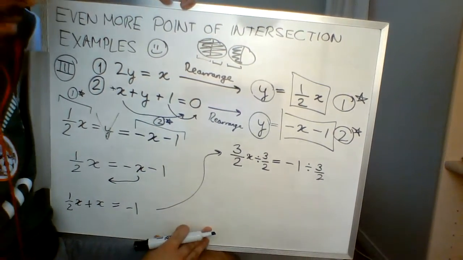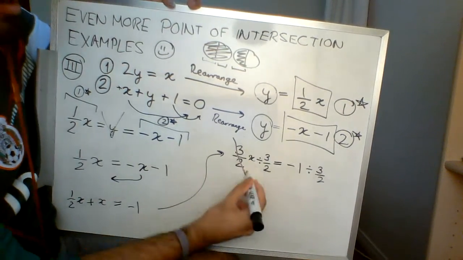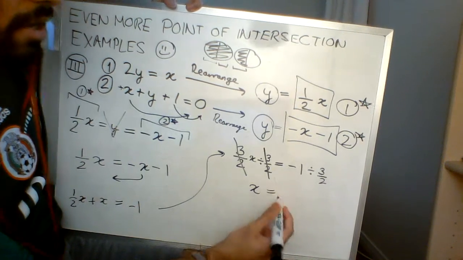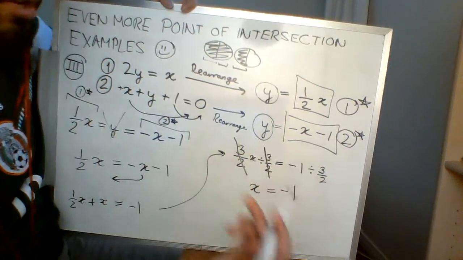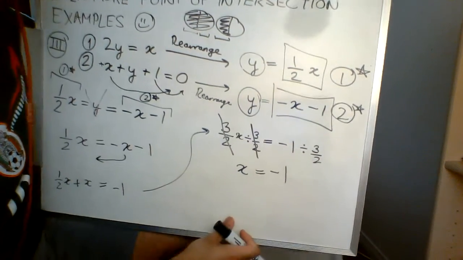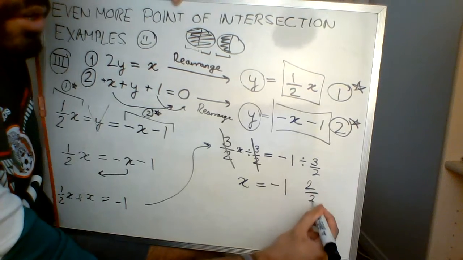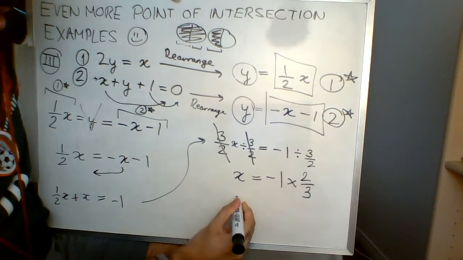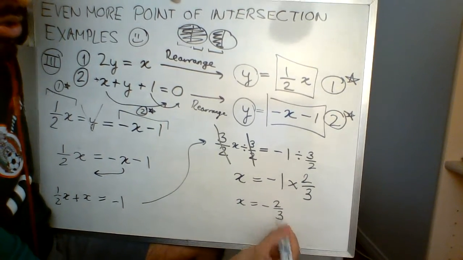On the left side I've got x times 3/2 divided by 3/2. The 3/2 disappears, and I'm left with just x. On the right side, that's going to be -1, and then we do the same thing that we've always done for division of fractions: I'm going to flip the second fraction to 2/3 and put a multiplication sign in the middle. So what we find then is that x is equal to -2/3.